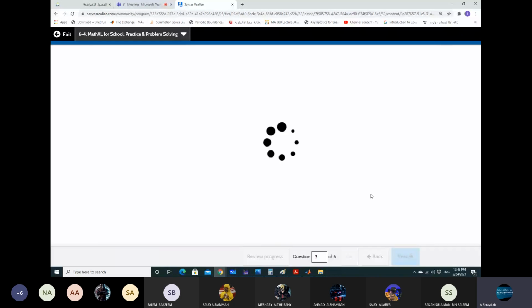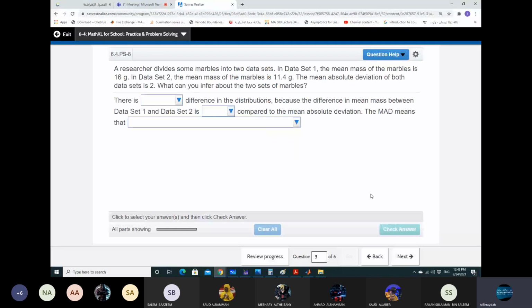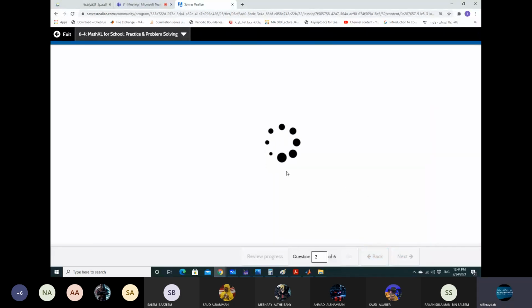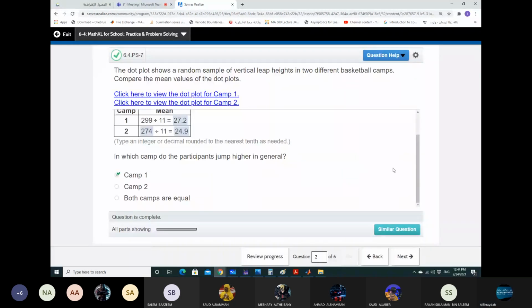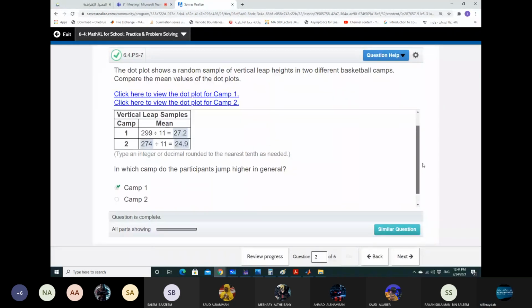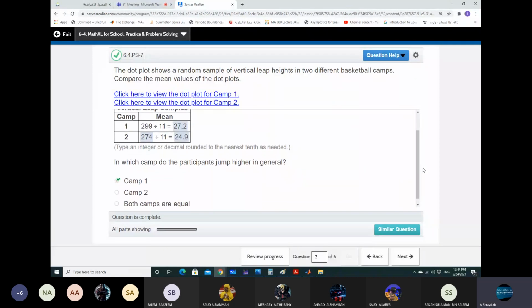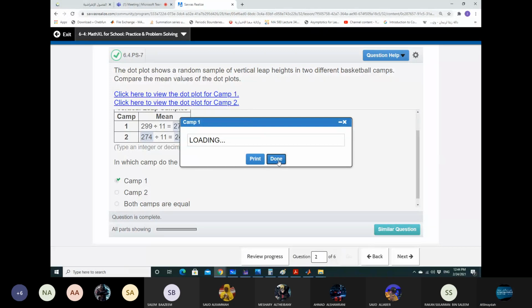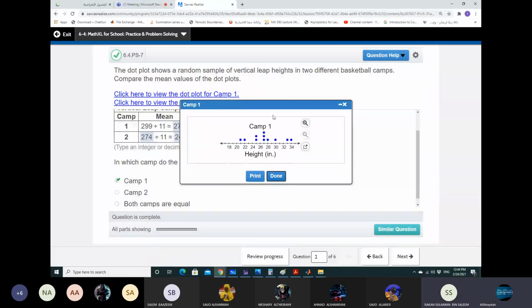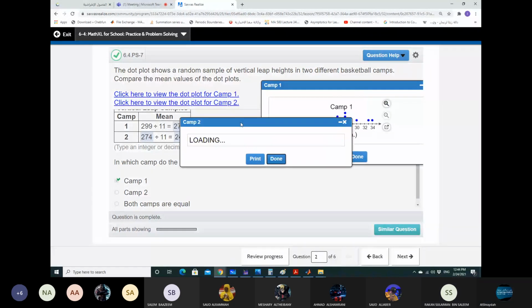Let's go to question number 3. Who can answer this? Please, students, write this. Take a capture of this. Rakan, Saud, and any student who wants to take a capture.